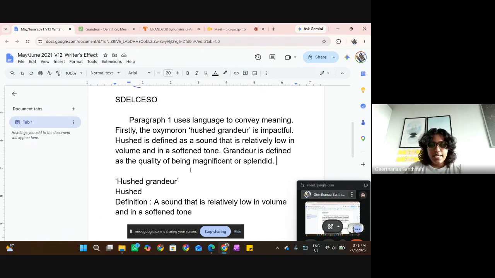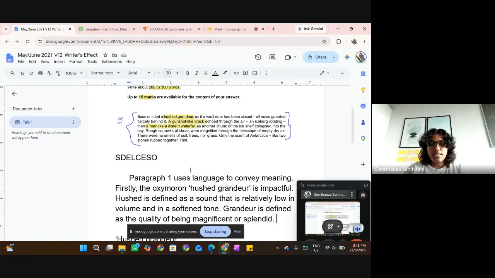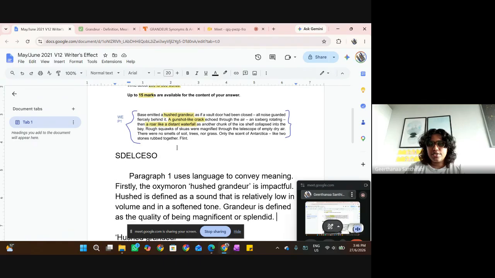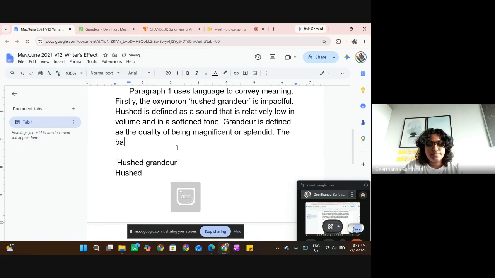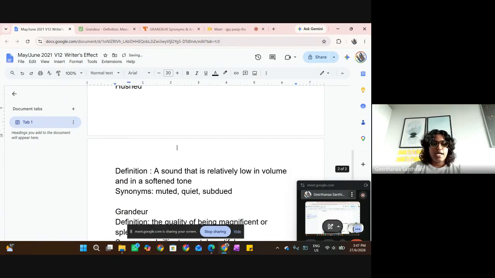And we can remind everyone what we're talking about. Bass emitted a harsh grandeur. So we're talking about the bass. So the bass is shown to have properties of both, because it's two different vibes.